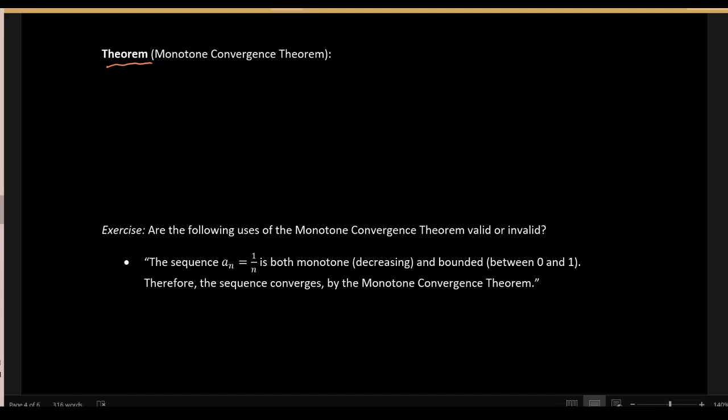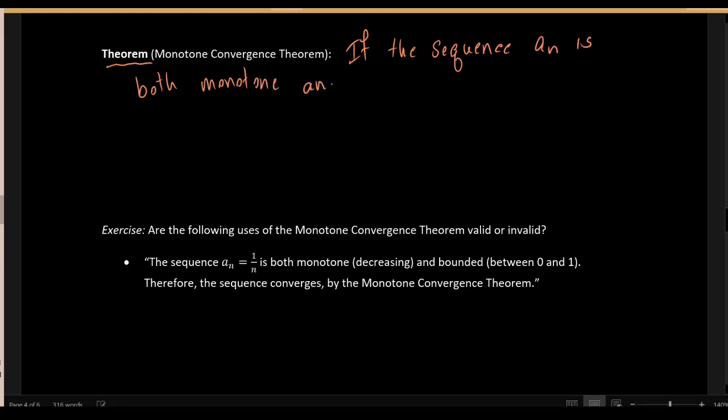The Monotone Convergence Theorem says, okay, so I'm about to give you the hypothesis of this theorem: if the sequence a sub n is both monotone and bounded. All right, that's the hypothesis. In order to even use this theorem, you need to know for sure that your sequence is monotone and it is bounded.